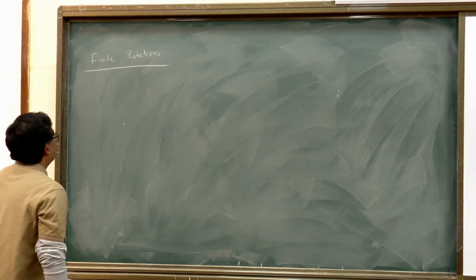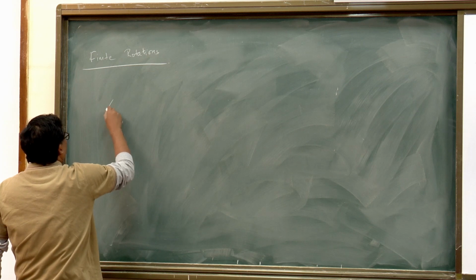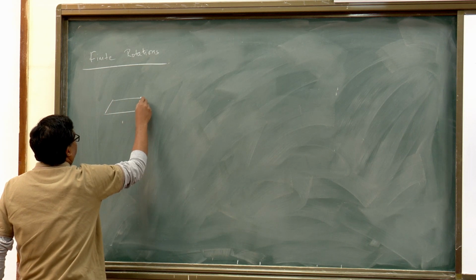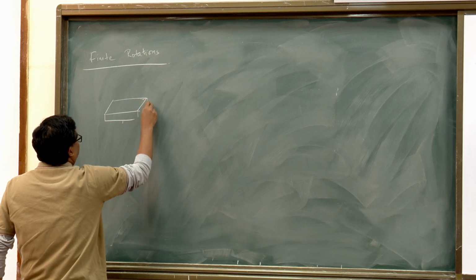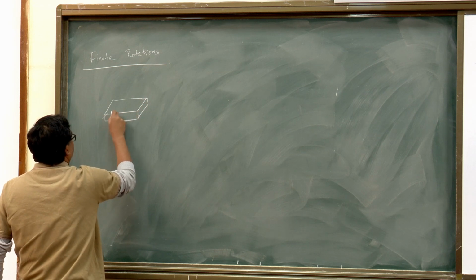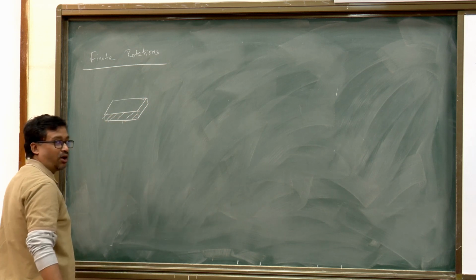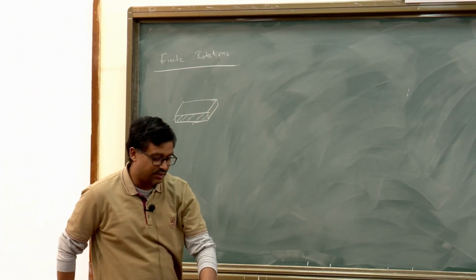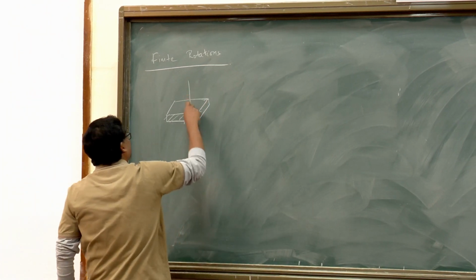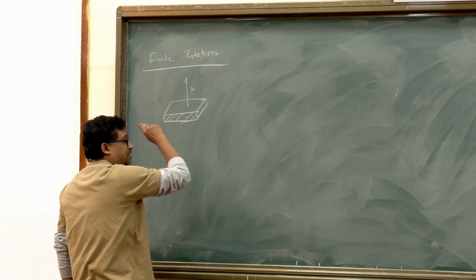And we will show, just with some pretty pictures, that they do not really commute. Let us say I have a block like this, a wooden block or something, and let us say this is my z axis.